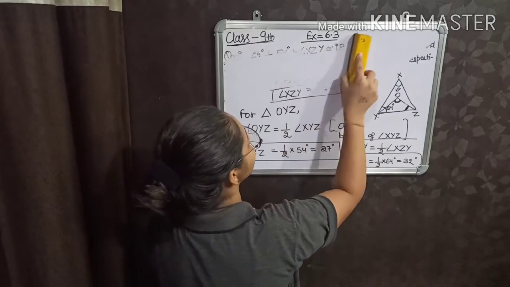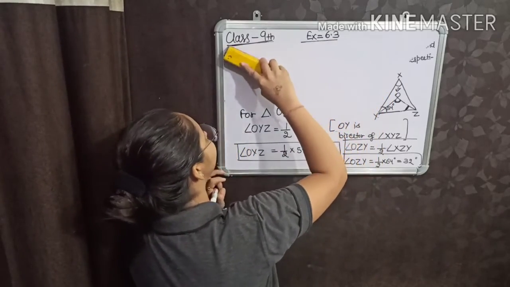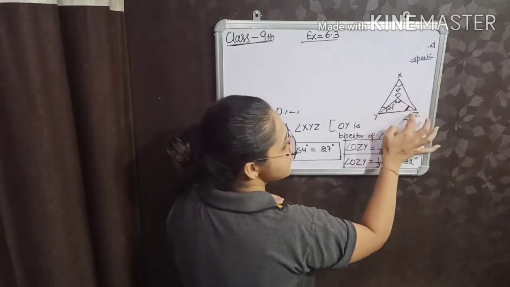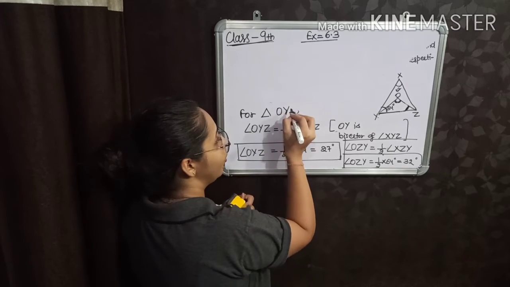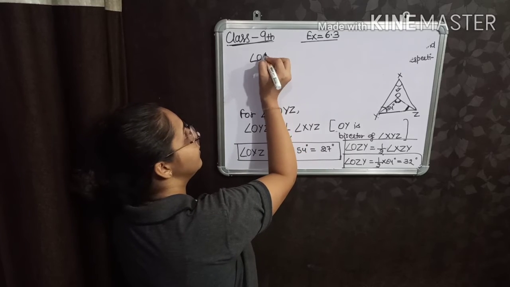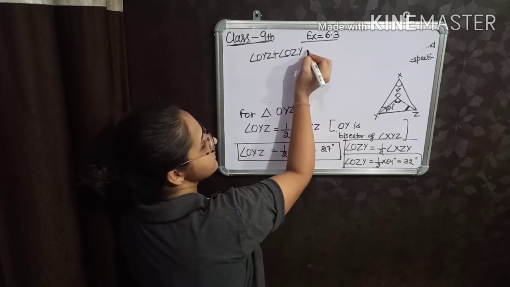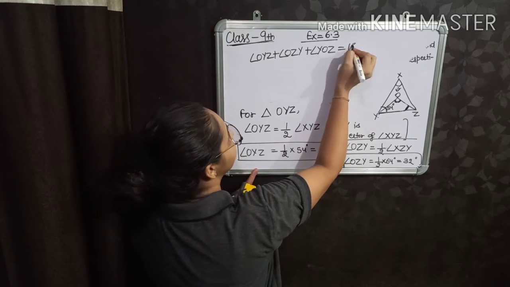Now the question was you have to find the value of angle YOZ also. So for triangle OYZ you can write angle OYZ plus angle OZY plus angle YOZ is equal to 180 degrees.